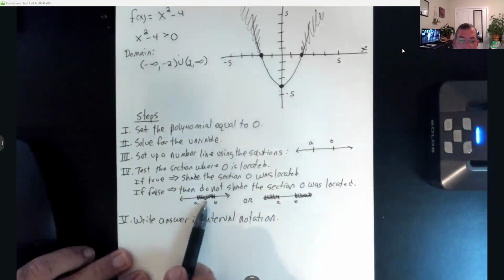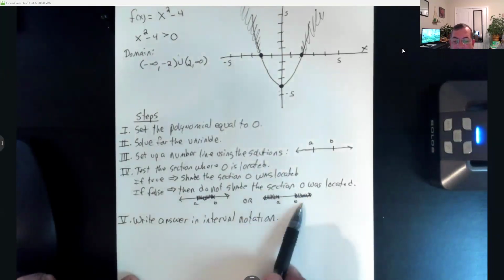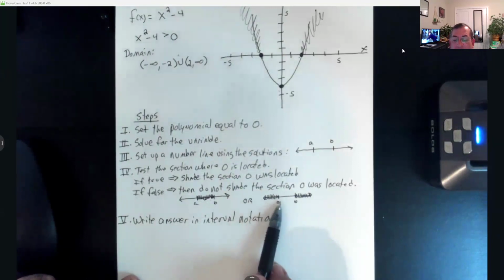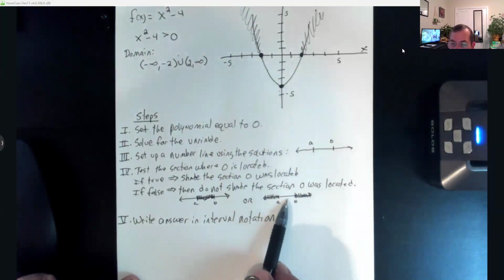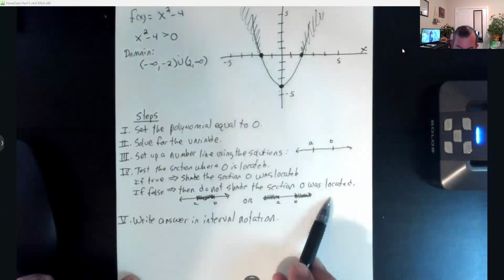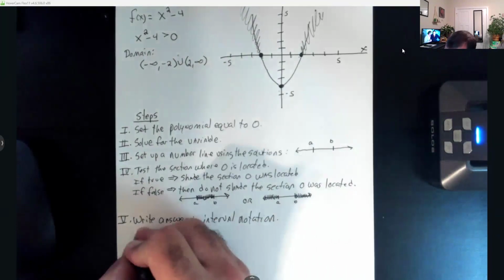So y'all, if it's like this, interval notation will go from your first number to your second number only. If it's this style, your interval notation will go from negative infinity to the first answer, union second answer to positive infinity.